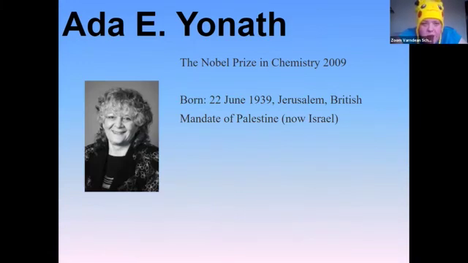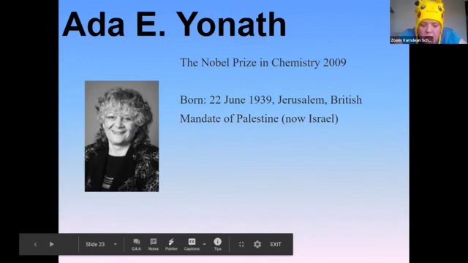She was born in 1939 in Jerusalem, in a part which was British Mandated Palestine, which is now Israel. Her life is really, really interesting. I'm not going to talk about it too much. The link is there, but I just wanted to include some different scientists and different people for you to have a look at, who've done amazing work. She did amazing work on ribosomes, and her life is pretty interesting and inspiring. So I just wanted to include that for you.